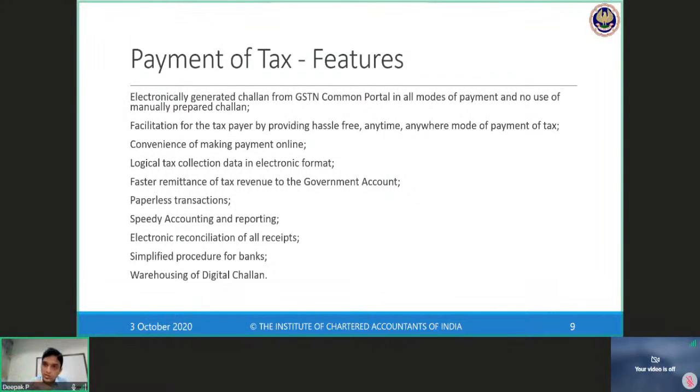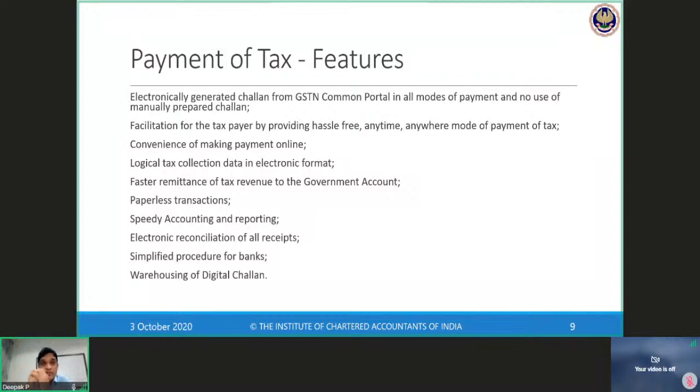Even if you want to go to the banker, the challan has to be extracted from the portal itself. You make the details available on the portal, and the challan gets generated. You take a print of the challan and then go to the banker. There is no concept of manual preparation of challan. Challans are always prepared from the GST portal itself for all modes of payment.